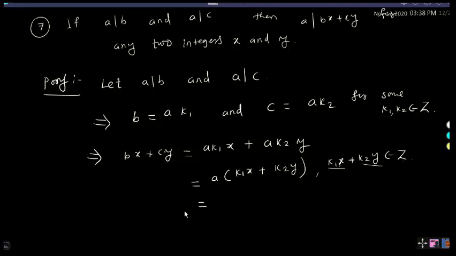So you may write this as A into KXY, where KXY is equal to K1X plus K2Y, and this belongs to Z. So Bx plus Cy is now a multiple of A. So A divides Bx plus Cy. This completes the proof of the whole theorem. Thank you, students.